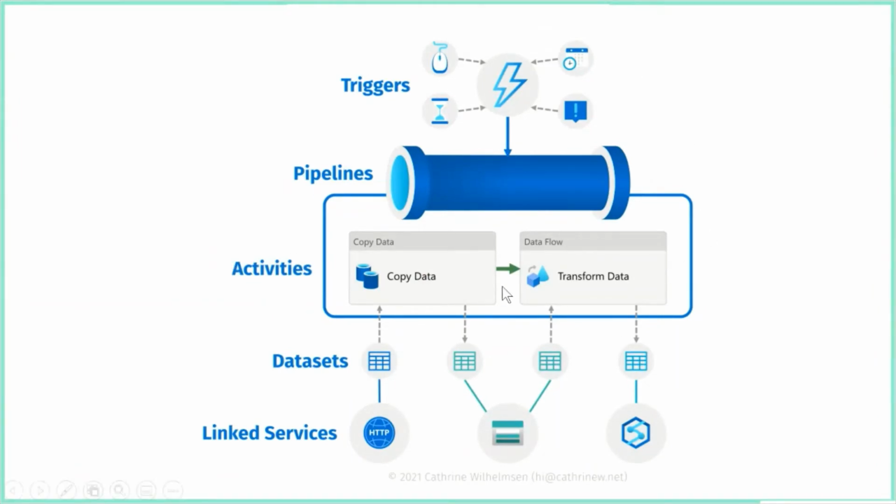These are the key terms, and within a pipeline you can define activities. Within an activity you can specify data flow and other various key components. So practically we are going to see how these are arranged in a data factory service. Okay, so that is going to be the flow.